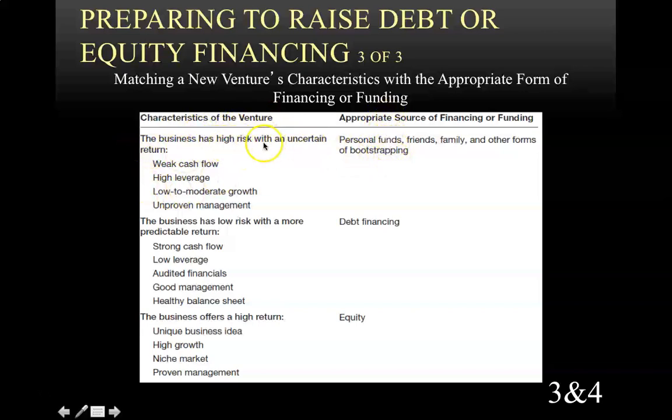So the business has high risk with an uncertain return, weak cash flow, high leverage, low to moderate growth, unproven management. Well, this is the kind of funding that you're realistically looking at. The business has low risk with a more predictable return. So these sort of things. Now you're looking at debt financing, maybe through a bank. And of course, this is where we might look for equity. Unique business idea, high growth, niche market, proven management.